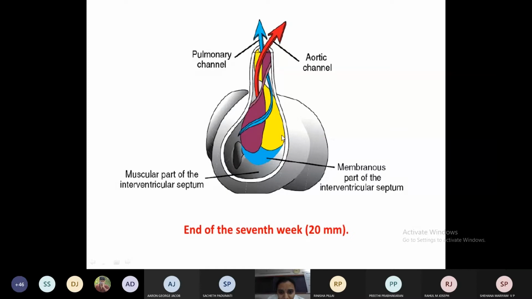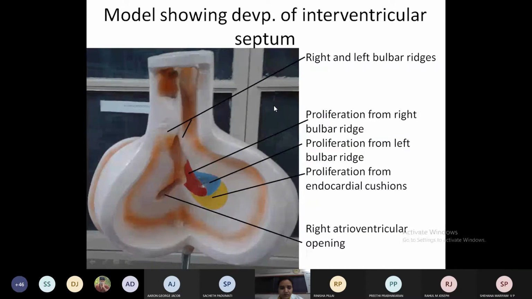So we can see this is the right ventricle, the other side is the left ventricle. This is the model of the developing interventricular septum. Here we can see these fused bulbar ridges and the endocardial cushion.